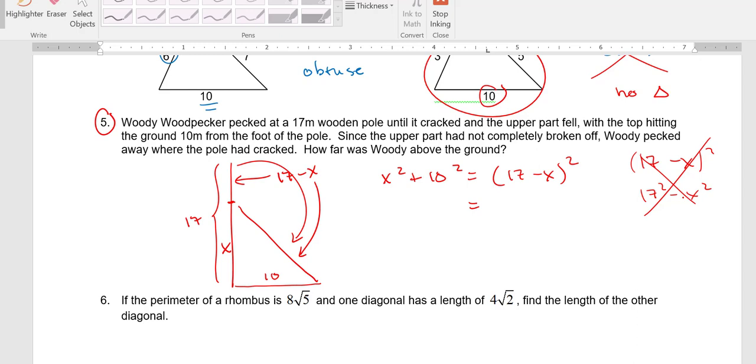So what you could do is you basically are going to do FOIL, so it's going to be 17 minus x times 17 minus x. So 17 squared is going to be 289 minus 34x plus x squared equals x squared plus 100.